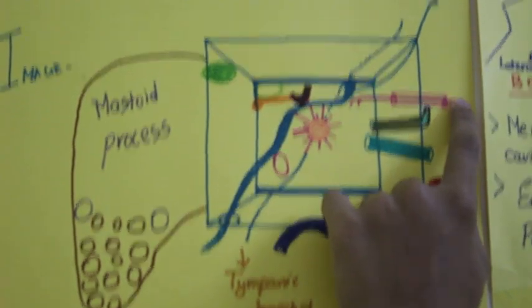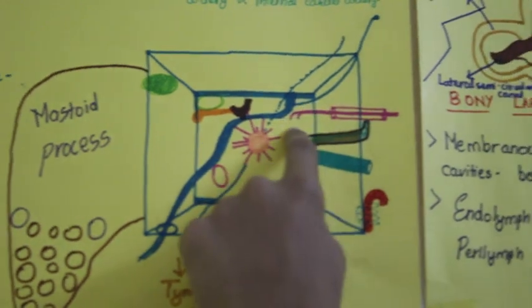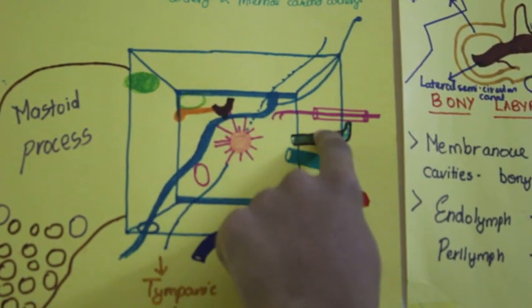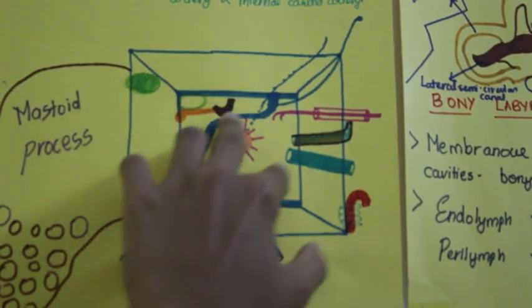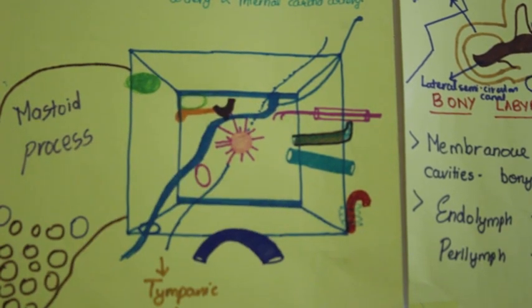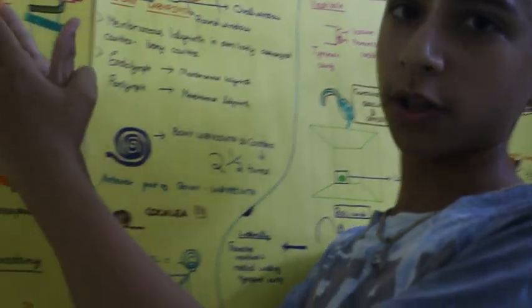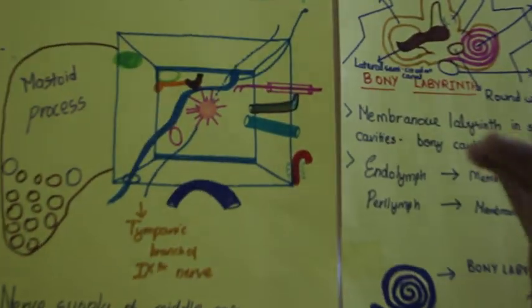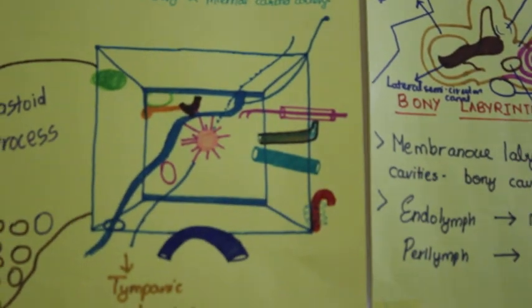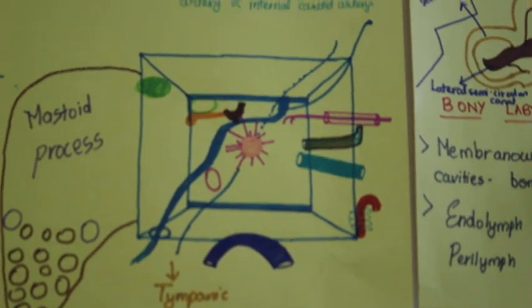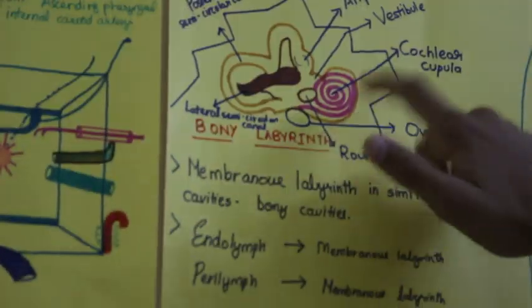The tensor tympani in its semicanal also connects through the anterior wall itself, and we have the central portion called the promontory. When we study the internal ear, we should understand more about the promontory. The promontory is the basal coil of the cochlea. The cochlea is this thing over here, and I shall explain this in the next video.